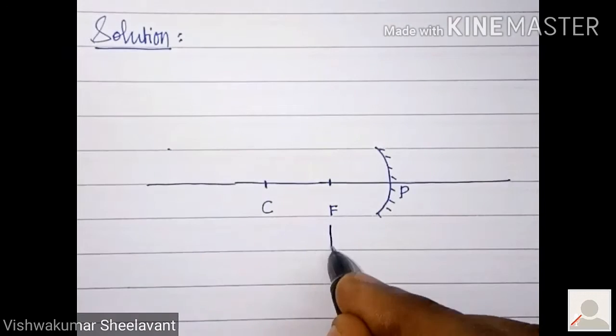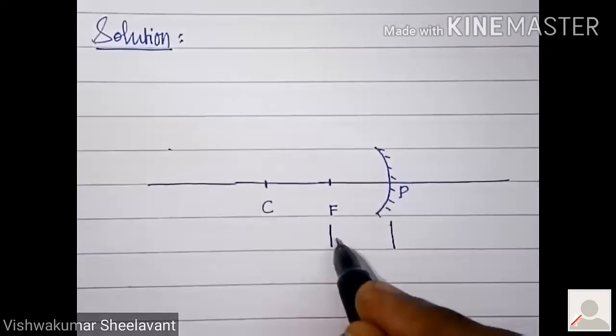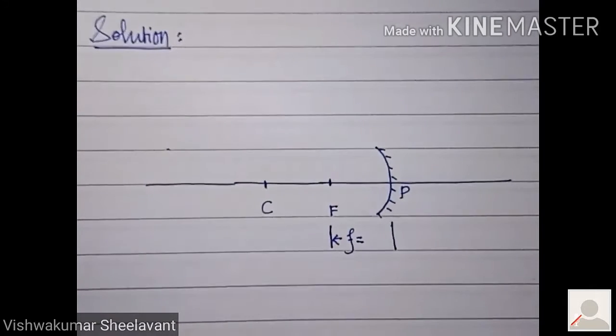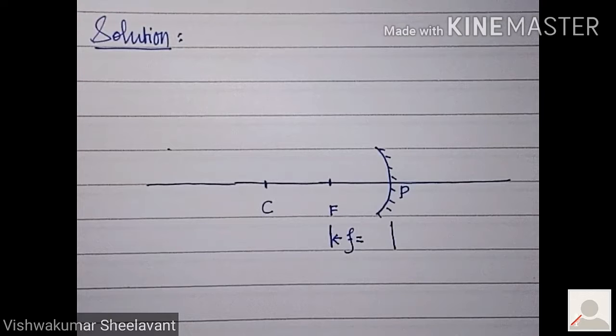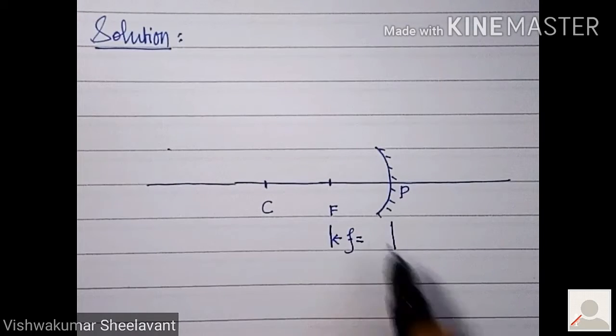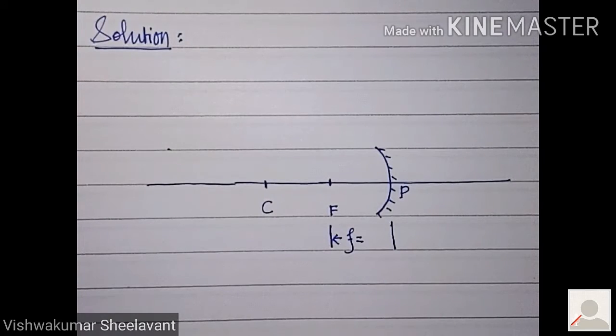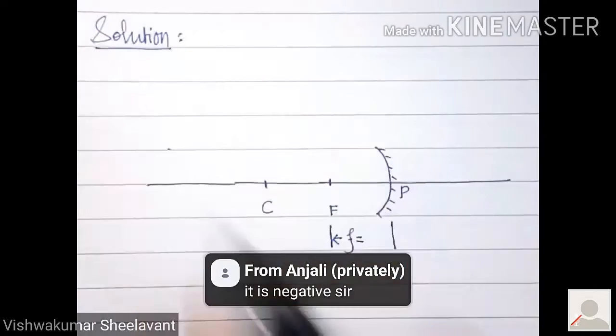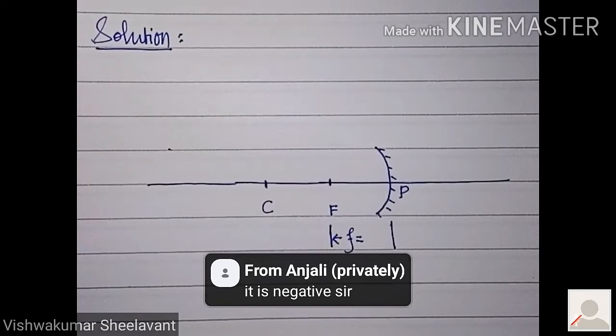Focal length F is given 15 centimeter. Is it positive or negative now? Negative, because it is on the negative x-axis.